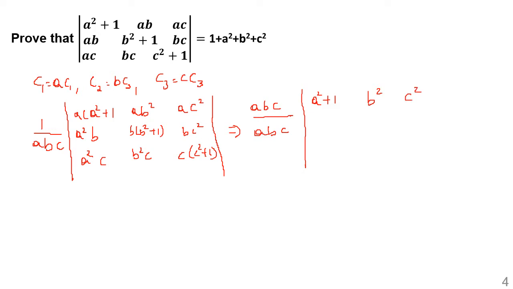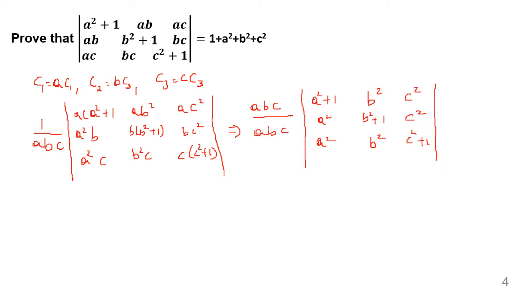Similarly, the next row b is common, so we'll get a square, b square plus 1, c square. The third row c is common, so we'll get a square, b square and c square plus 1.